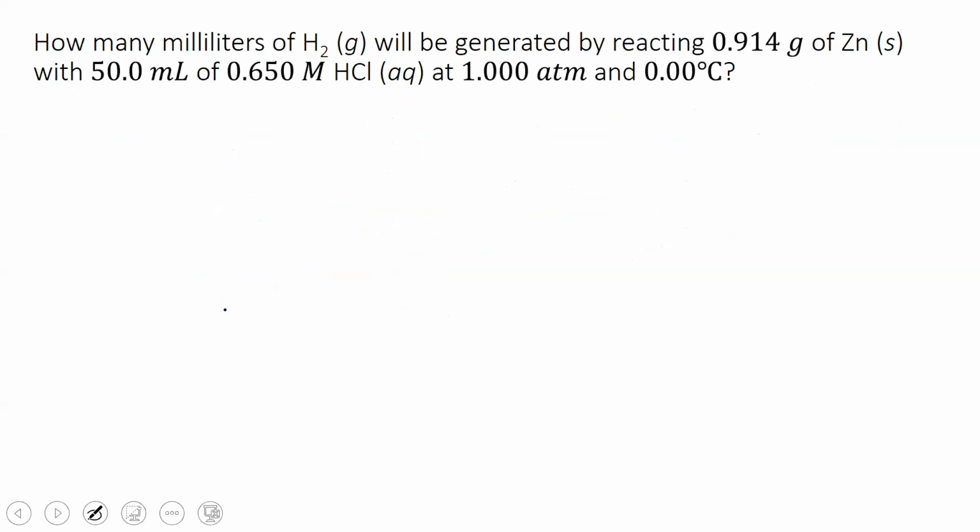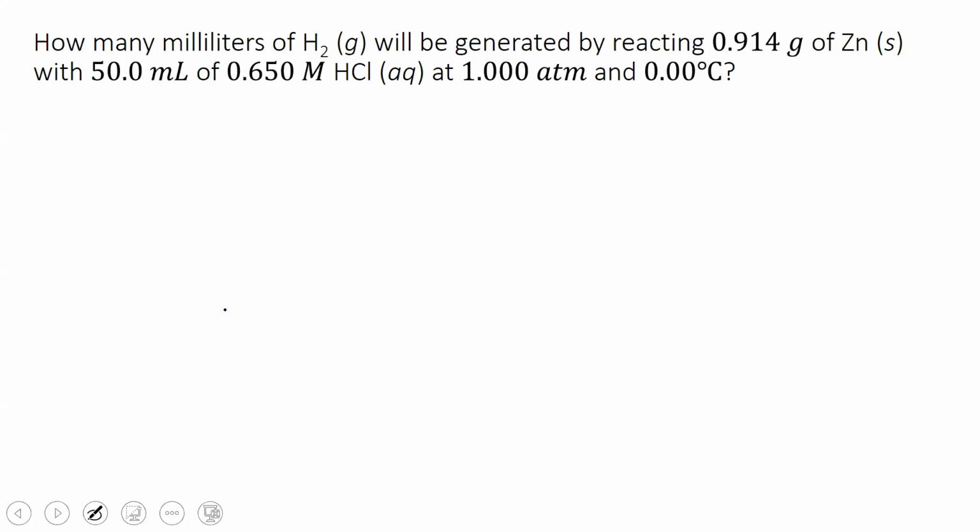So here is an example of that. Our question is how many milliliters of hydrogen gas will be generated by reacting 0.914 grams of zinc solid with 50 milliliters of 0.650 molar HCl at, in this case, standard temperature and pressure.